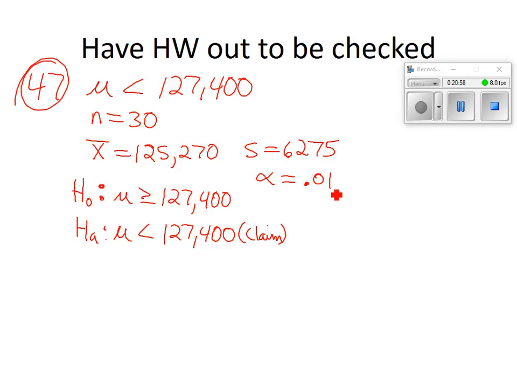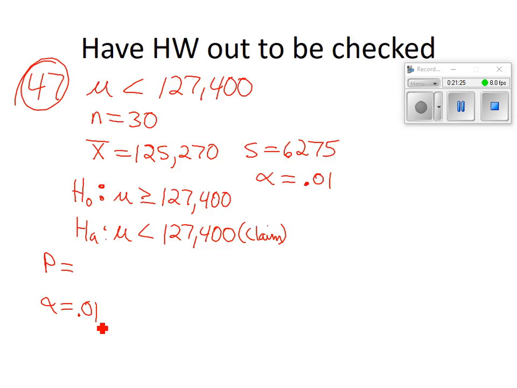Alright, so we'll just find P, which is our area, which we could find on the chart. We're not going to this time. And we already know alpha is 0.01. To find P, we go on the calculator, go to stat, test. We want the z-test this time.